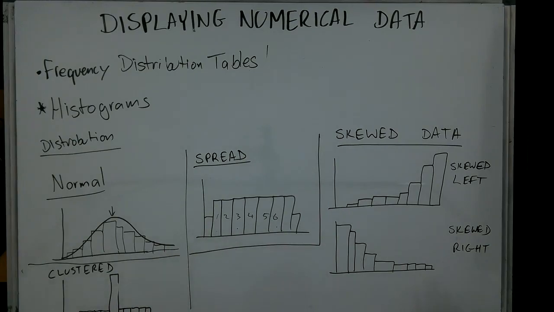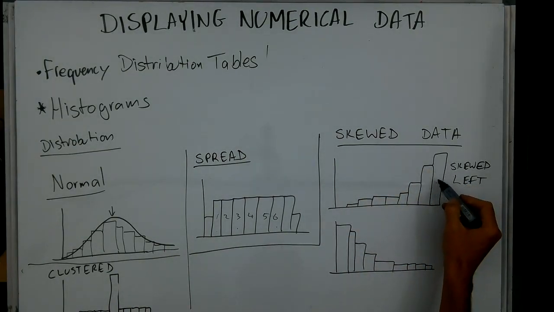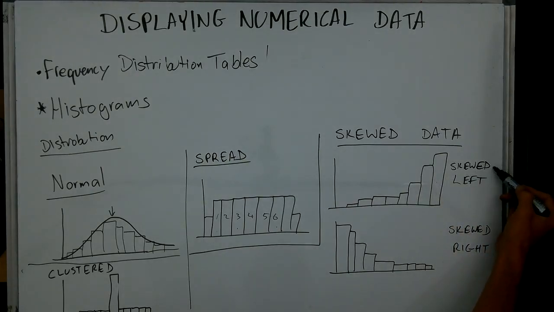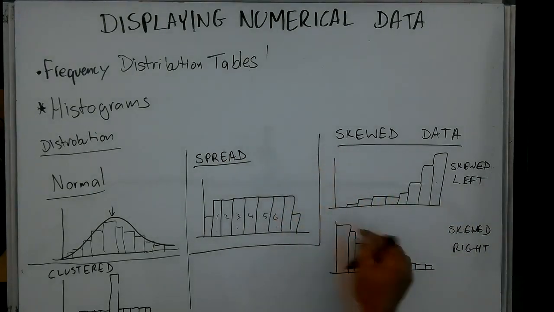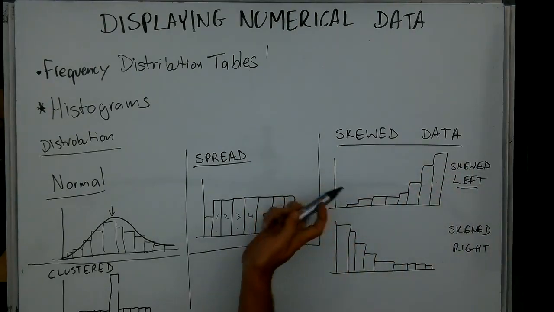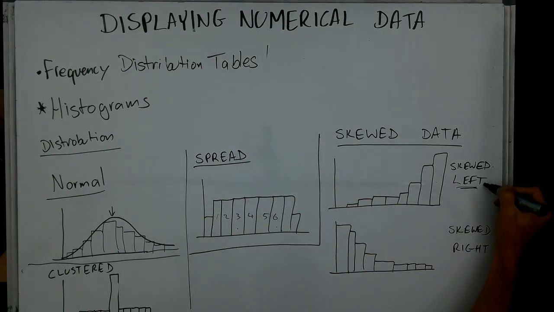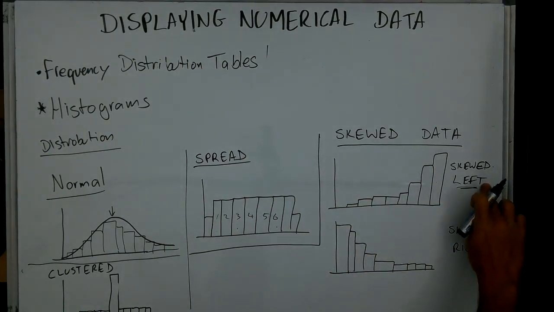The issue students have is they look at this and go, oh, all the data's on the right, so it must be skewed right. But the skew means all the data has been squashed away from the left. So it's skewed away from the left. It's probably the best way to think of it.